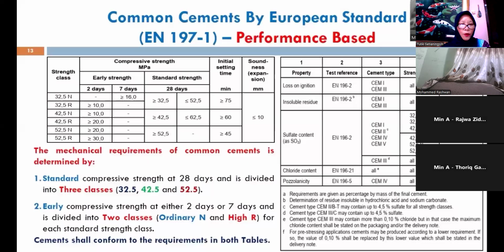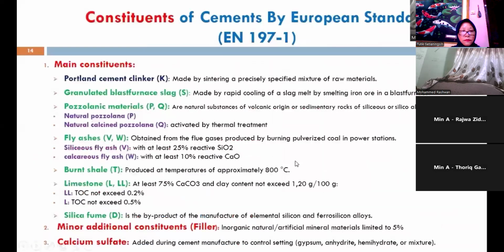Sulfate content for CEM I to CEM V, according to the strength class, must not exceed 3.5%. And this is very important in soil or environments which contain proportions of sulfate, like seawater, like soil with high content of sulfate, as SO4 or SO3.